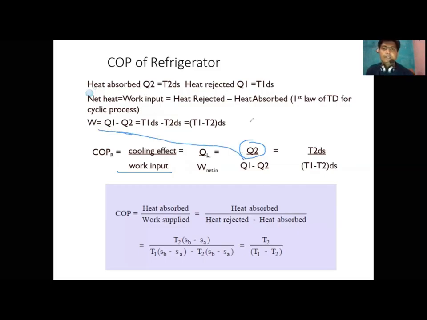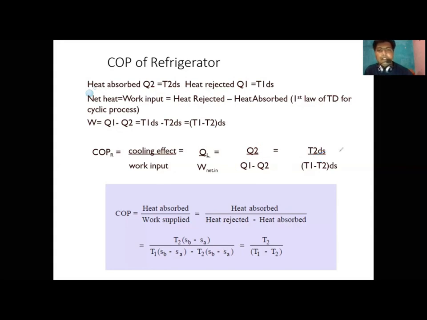So Q2 is written as T2 ds, and Q1 minus Q2 is written as (T1 minus T2) into ds.